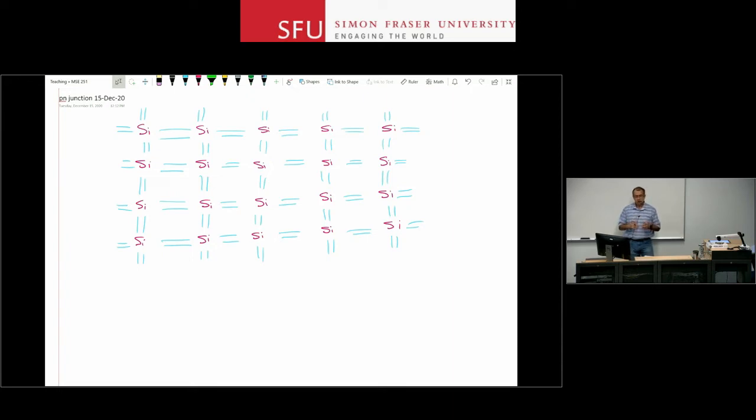And again, from basic chemistry, we know that atoms that are not noble gases want to complete their outermost bonds in terms of the number of electrons so that they look like a noble gas.